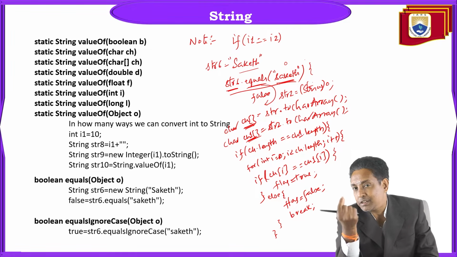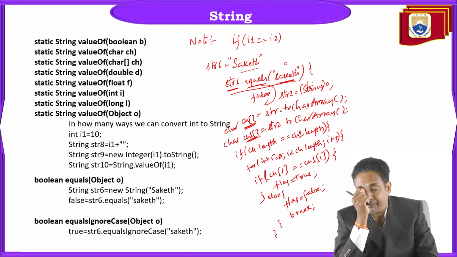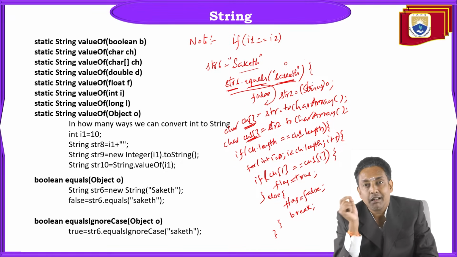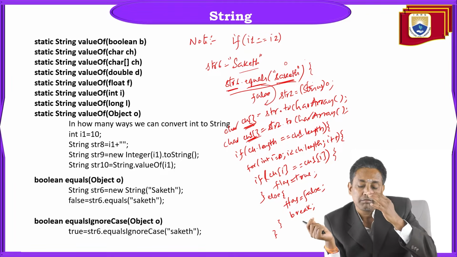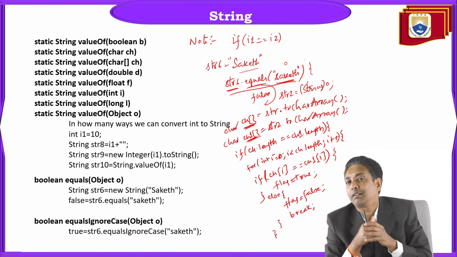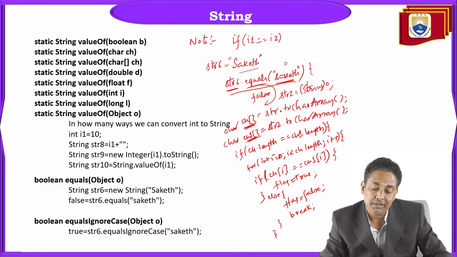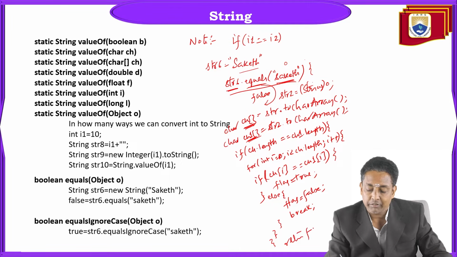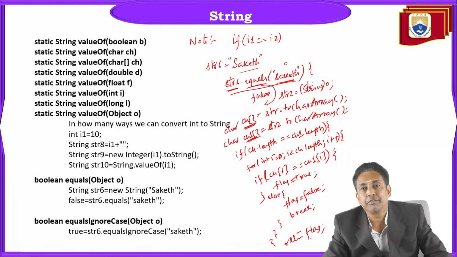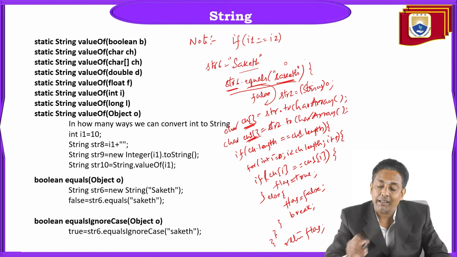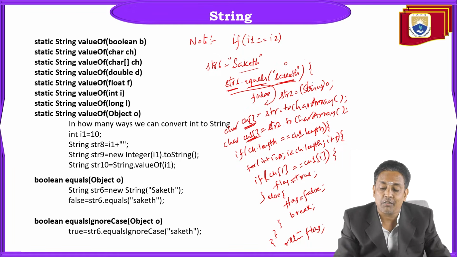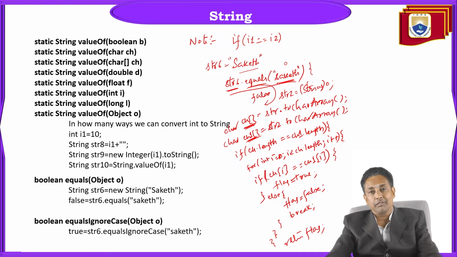Because even a single character mismatch at any one of the indexes means the whole comparison is false. flag = false, break. Simple, finished. That outer if is also closed. And internally they return flag, which is false. If all character comparisons are equal, flag = true, true will be returned.